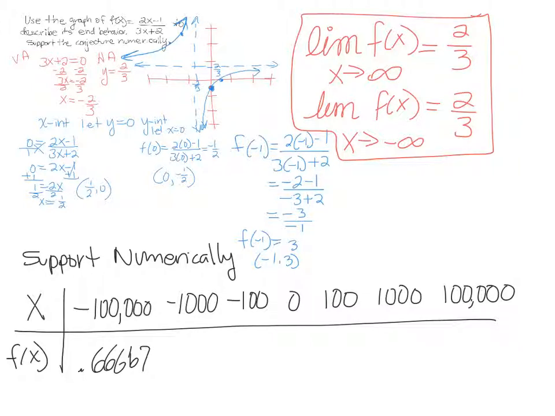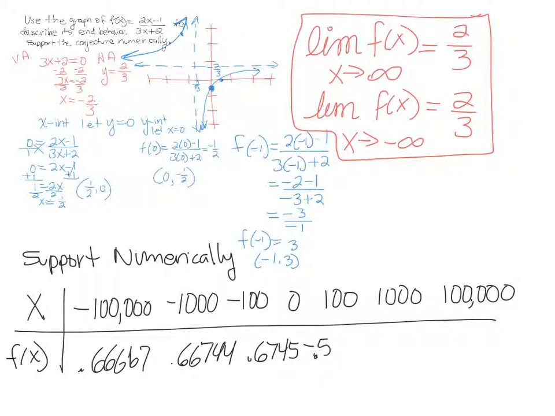What about negative 1,000? Well, that is 0.66744. What about negative 100? And that gives you 0.6745. What about at 0? Well, that is negative 0.5.